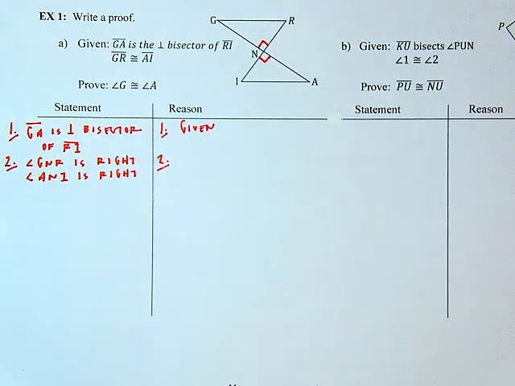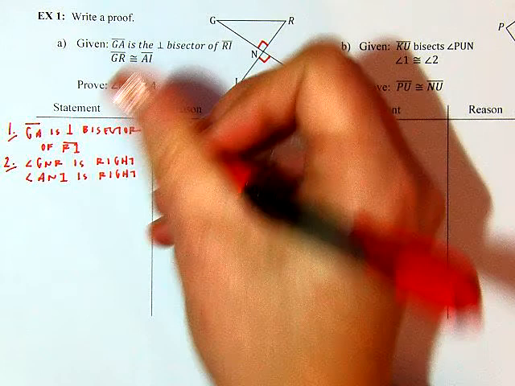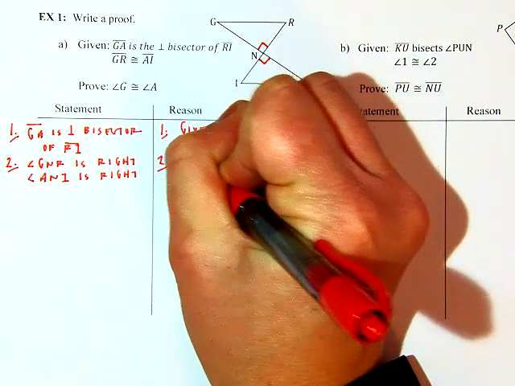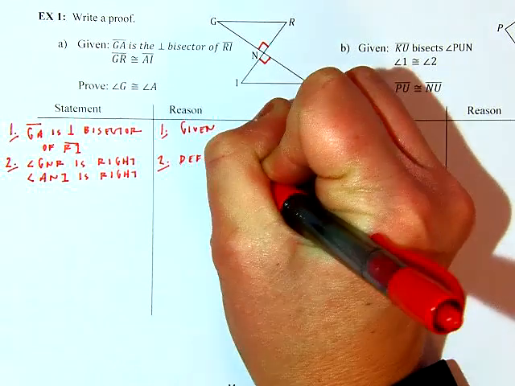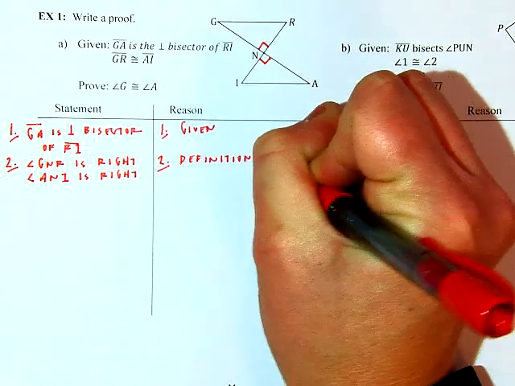Again, I'm building off that language of perpendicular. So I know that those angles are both right angles. That's what it means to be perpendicular. So definition of perpendicular.